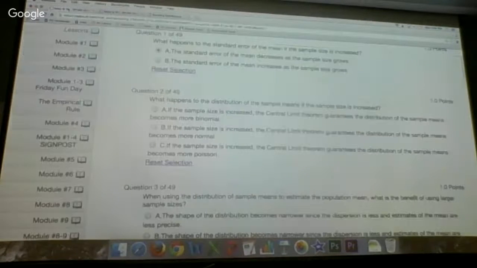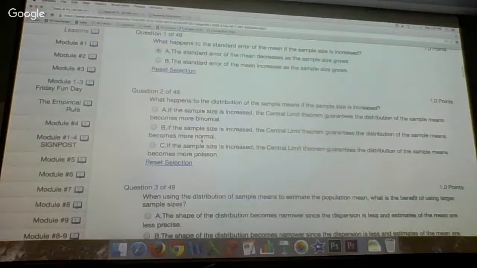So question 2, what happens if the sample size is increased? The distribution of the sample means becomes more binomial. That seems silly. It becomes more normal. That sounds like what Chris said. Becomes more Poisson? No, it definitely becomes more normal. 2B. 2 down, 47 to go.